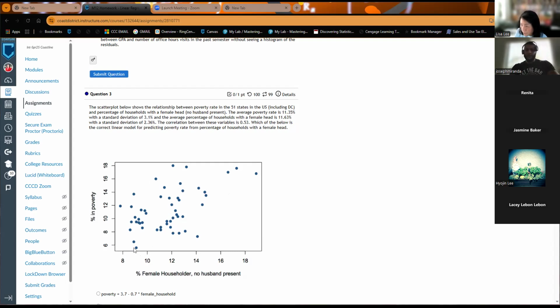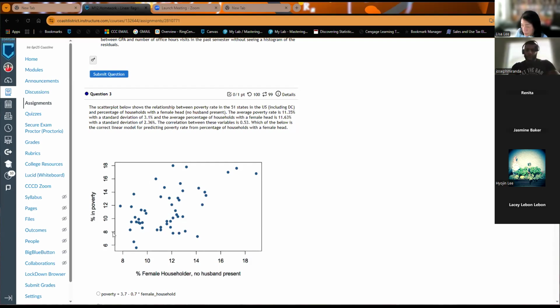If I pick some point, for example, let me pick a point here, the 12, okay. 12% female household here. That means some state has 12% female household, no husband present, single mother, okay.